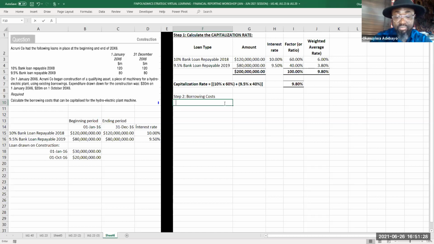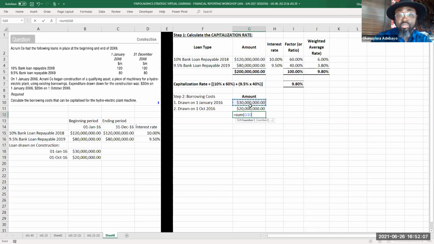The first drawing was drawn on 1st of January 2016, and the second drawing was drawn on 1st of October 2016. How much was drawn? Amount drawn, 30 and 20. That sums up to 50.